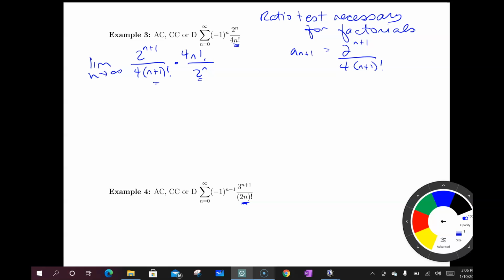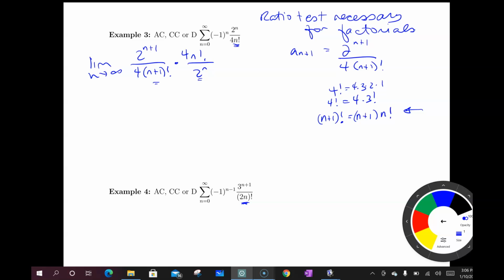Okay, so let's talk about how we break apart factorials. You know 4 factorial is 4 times 3 times 2 times 1. That's the same thing as saying 4 times 3 factorial. So if I have n plus 1 factorial, that's the same as saying n plus 1 times n factorial. Important to know.